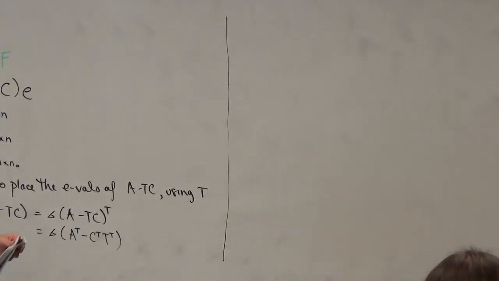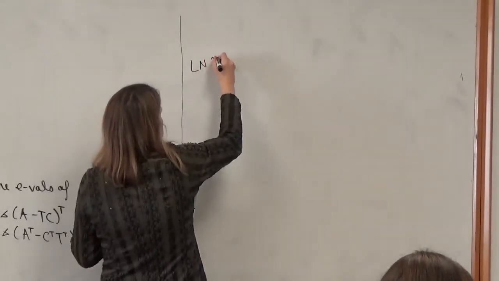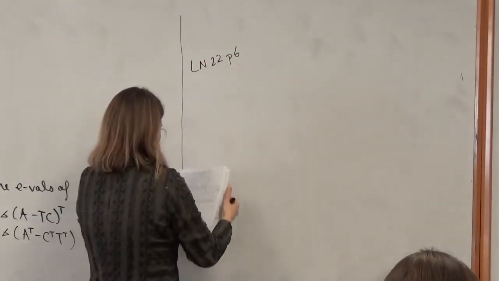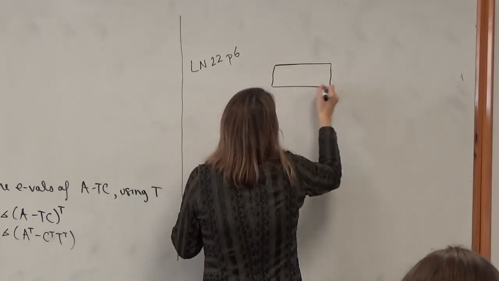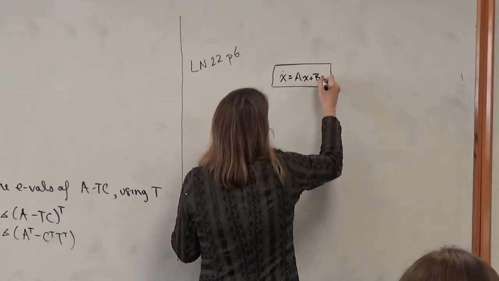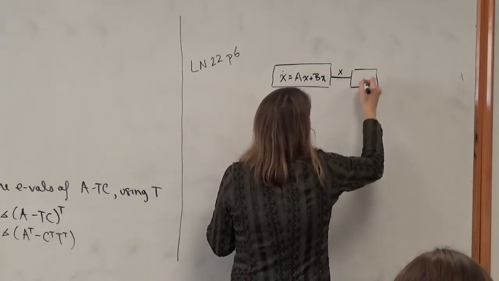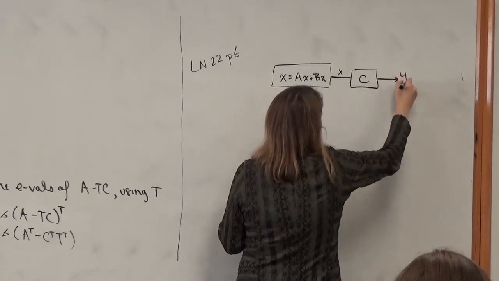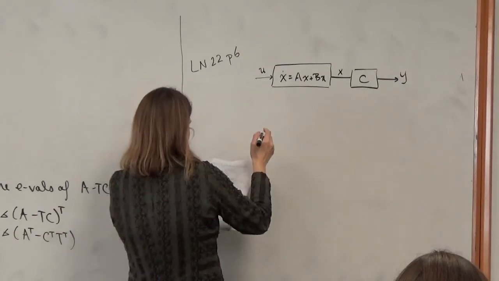So the observer in feedback configuration, lecture notes 22, page 6. I'll write this a little more compactly. Here's x dot equals Ax plus Bu. Here's x, going through C, we're going to ignore D for the time being, that's y. Input u is coming in there.